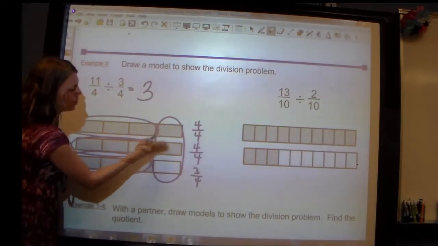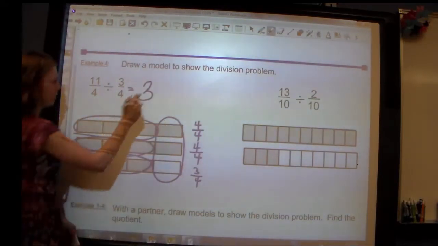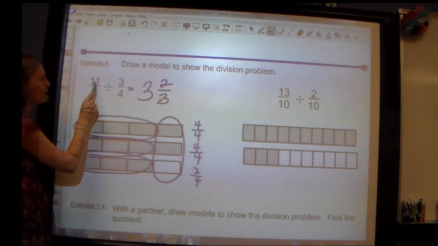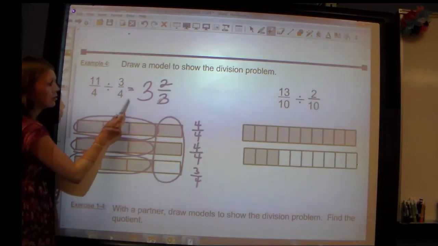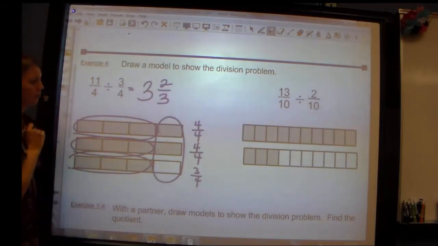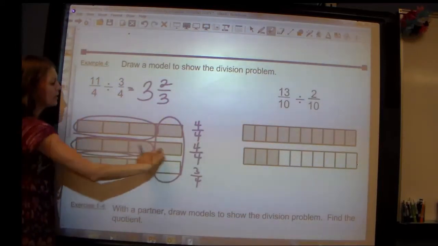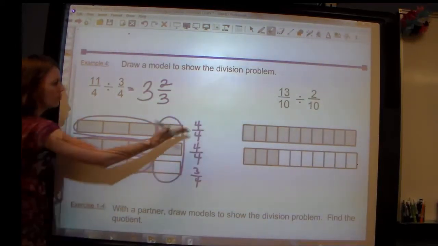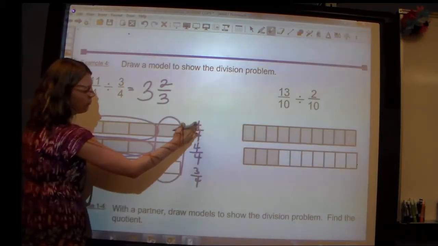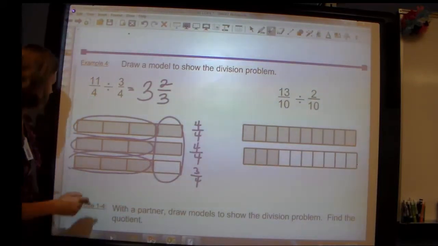And I have some that are partially shaded here. So it would be 2 out of the 3. And again, if you were to divide 11 by 3, because the denominators are the same, you would get 3 2/3. So again, because it's improper, I stack the rows, show 4 fourths, another 4 fourths, and then this will represent 3 fourths to make a total of 4, 8, 11 fourths for the visual.